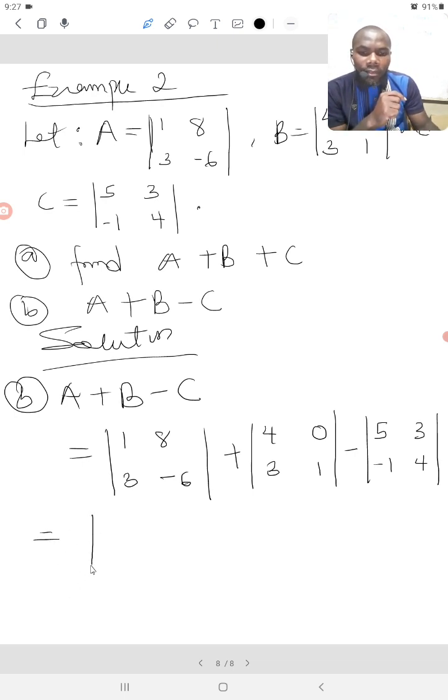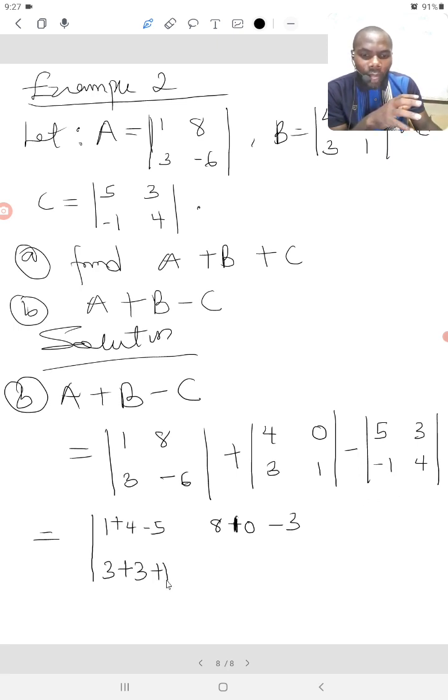it's very simple to do. 1 plus 4 minus 5. Simple. 1 plus 4 minus 5. You give a gap. 8 plus 0 plus 0 minus 3. This one again, 3 plus 3 minus 1.